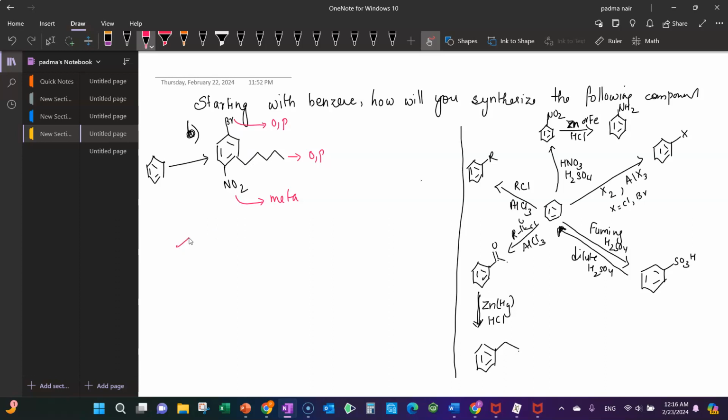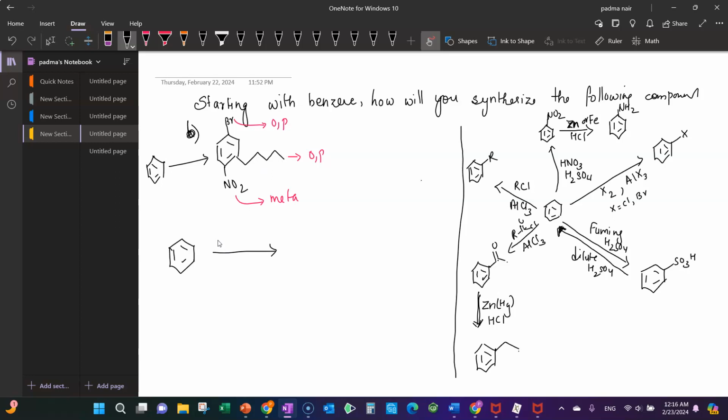Okay, so we'll take the benzene and treat it with. Now in this case, you have to be very careful that you cannot use an alkyl halide, because remember, when you have long chain alkyl groups, then rearrangements can happen, right?